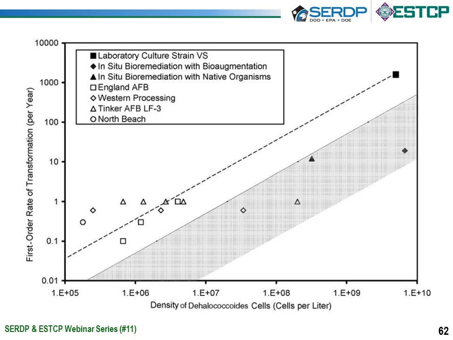We compared the scatter or the cluster of the association of the rate constants and density to a rate constant and density for a pure culture of Dehalococcoides maintained in the laboratory. And so that's that black square at the end of the dotted line.